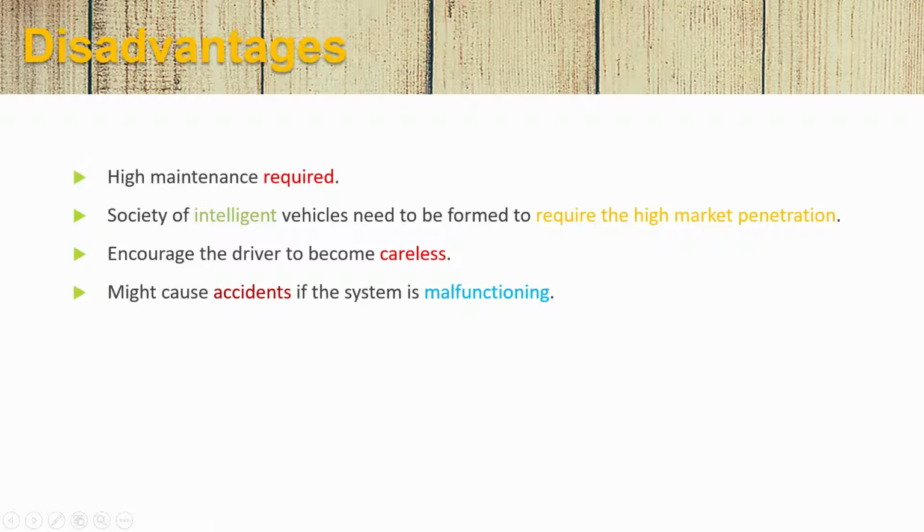Second, a society of intelligent vehicles needs to be formed to achieve high market penetration. It will explain how you manage the market, and how the customer wants to purchase this technology.